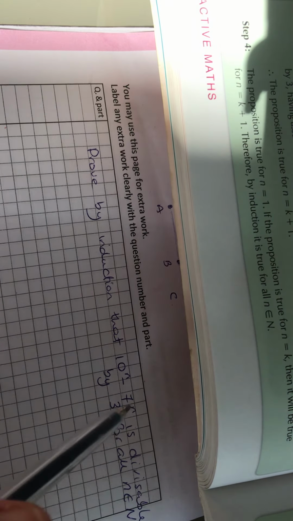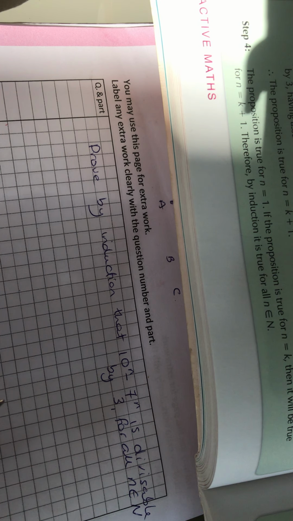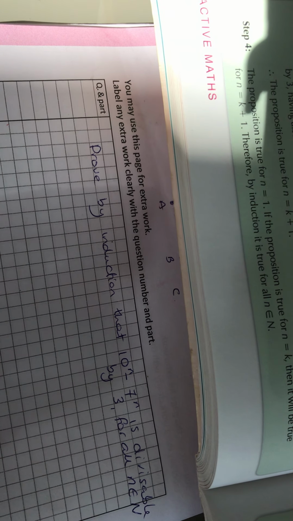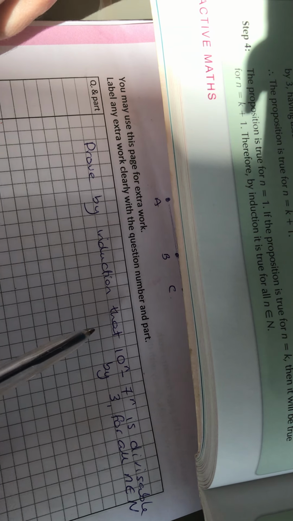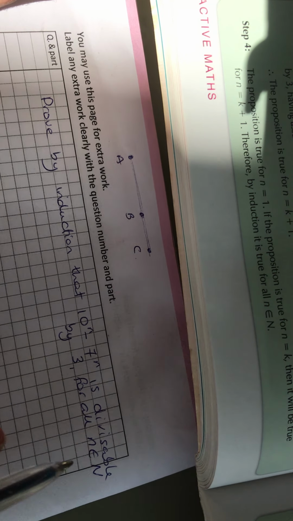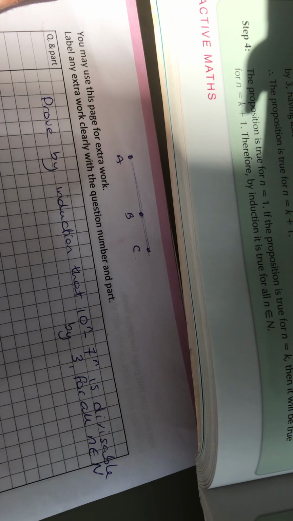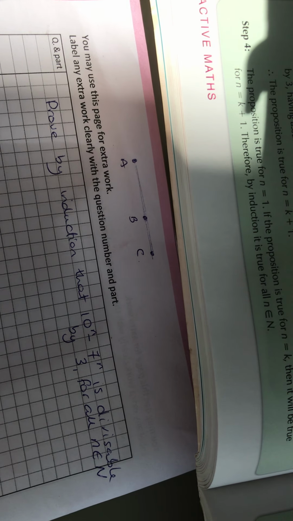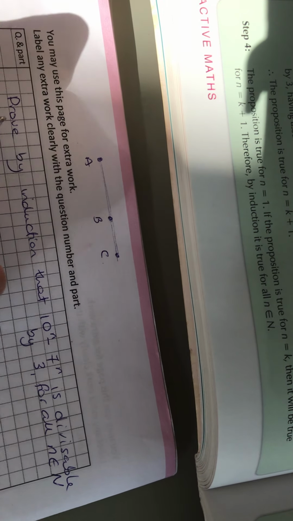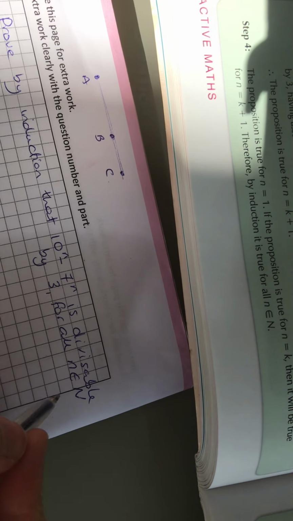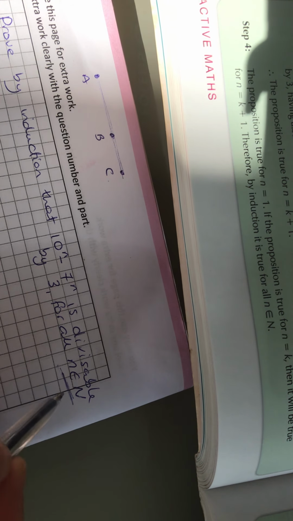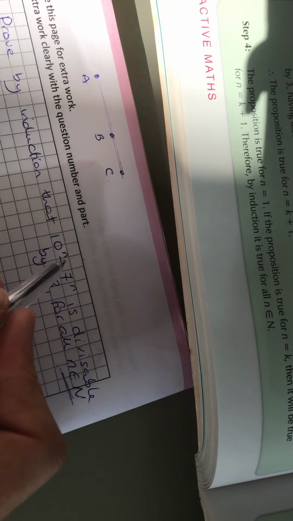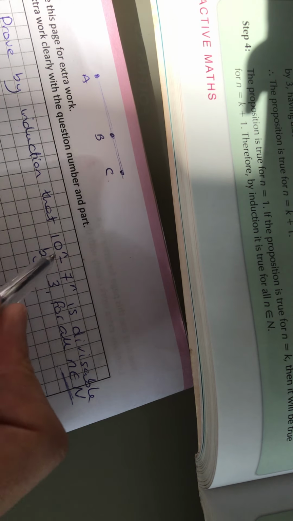And our first step here is we're going to prove it true, and you have to do this for the first number you could possibly come across. So we need to actually sub in a number. And what's the smallest value of n that we could have? Well, they've told me that n is a natural number. So what's the smallest value of n that we could have? It's a 1.